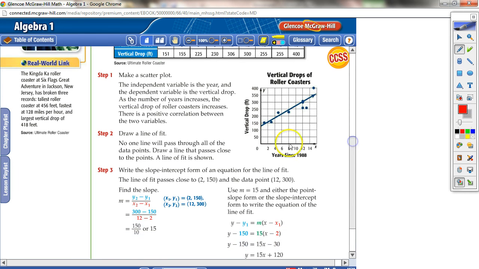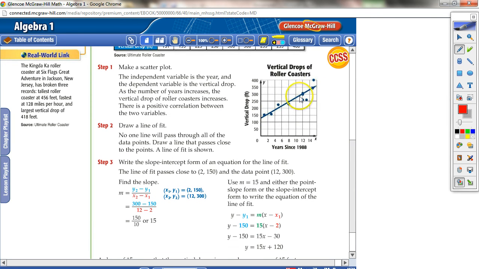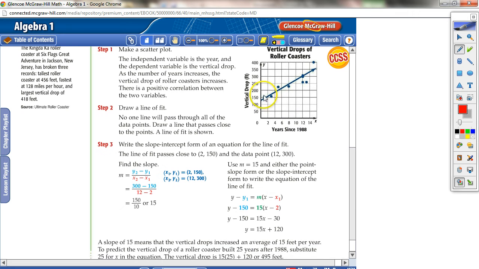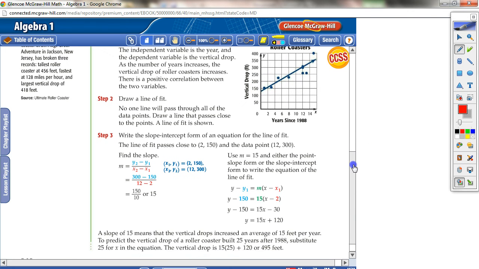And as you can see here, as the years pass, the vertical drop in feet has gotten higher as well. So with the scatter plot, you just draw a line that goes closest to most of those data on the graph. So with this line, you're going to write an equation.